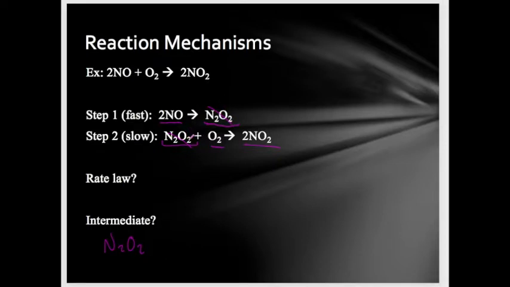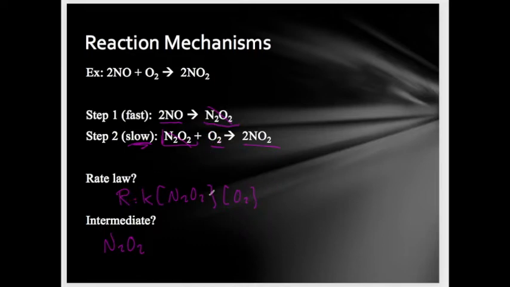All right. So now I want to write the rate law. And you know that the rate law is always going to match the stoichiometry of the rate determining step. Which one is the rate determining step? Yeah, it's the slow step, right? The whole reaction can only proceed as quickly as the slowest step. So the rate law then would be this: R equals K times N2O2 raised to its stoichiometric coefficient of 1 times O2, the reactant there, raised to its stoichiometric coefficient of 1.